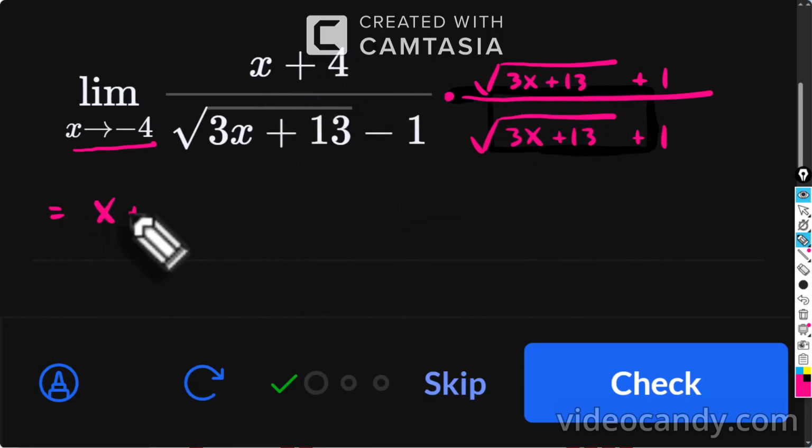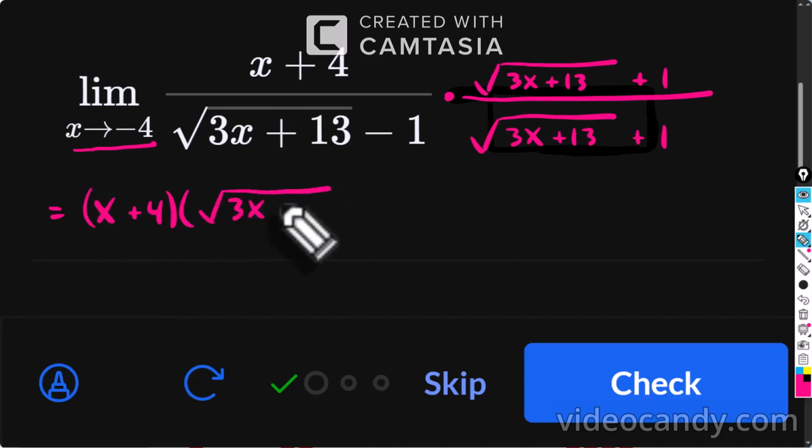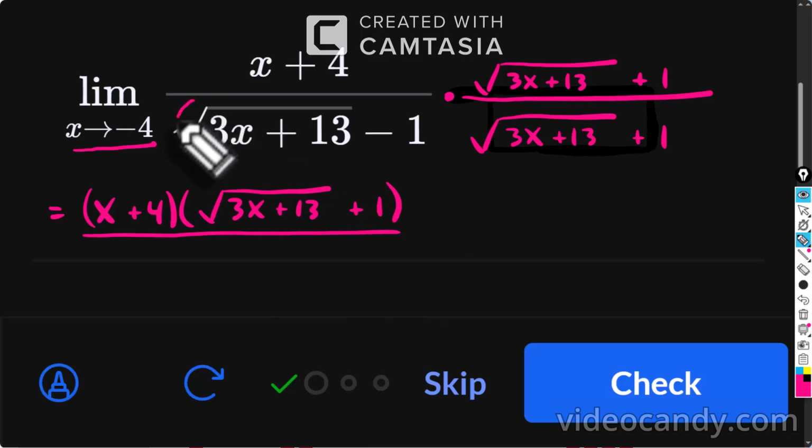All right, we have x plus 4 times radical 3x plus 13 plus 1. In the denominator, we're going to use FOIL.